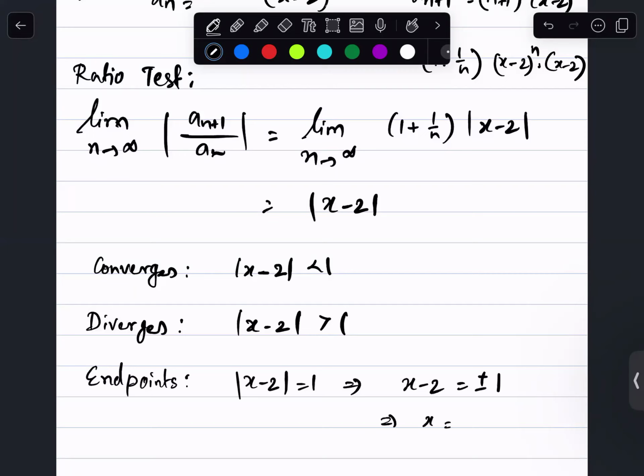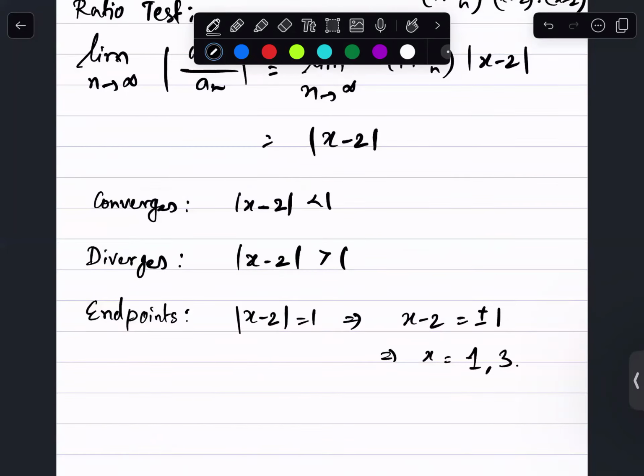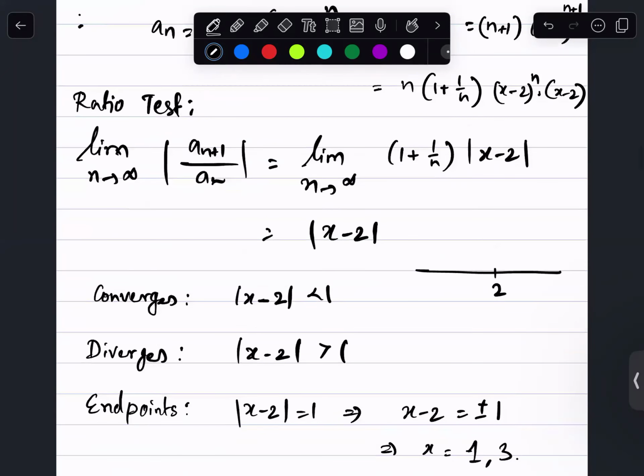This means x is 1 or 3. Okay, so my primary interval looks like, so 2 is the center, and x minus 2 is from minus 1 to 1, and then I can simplify it further.